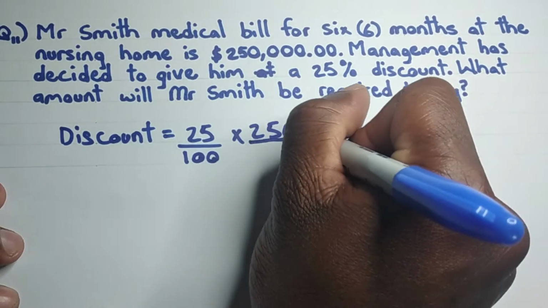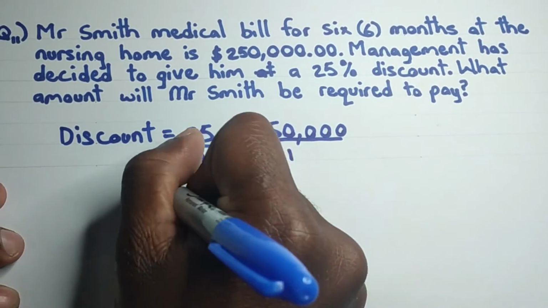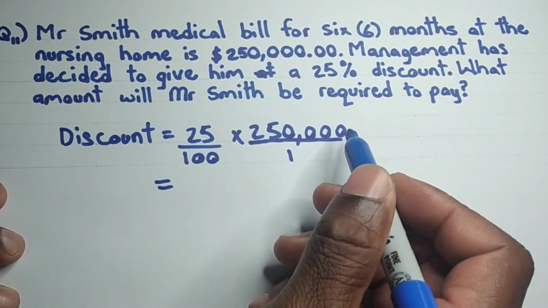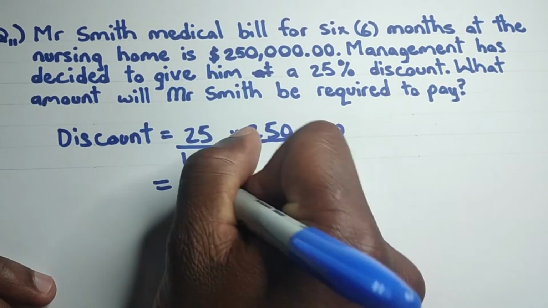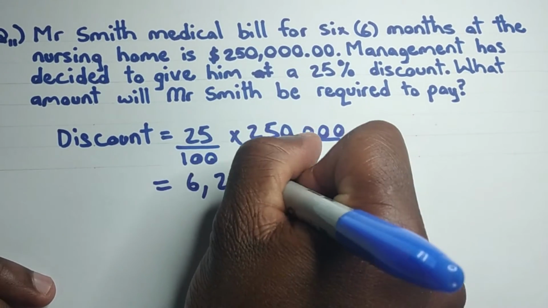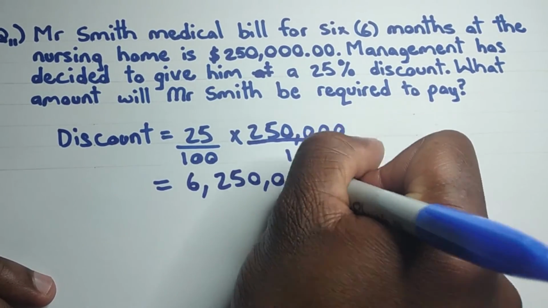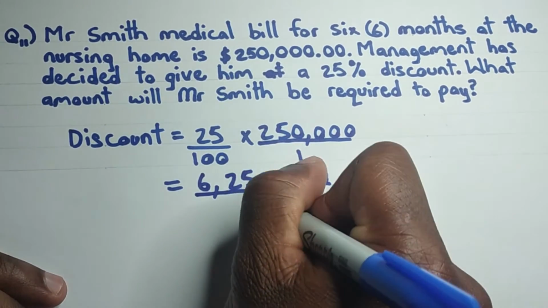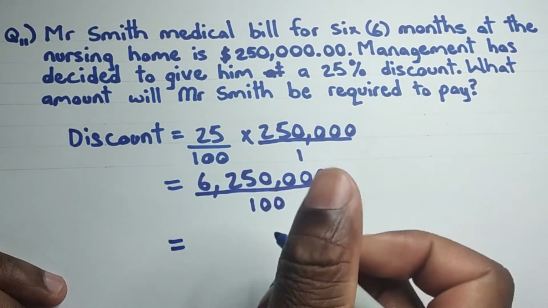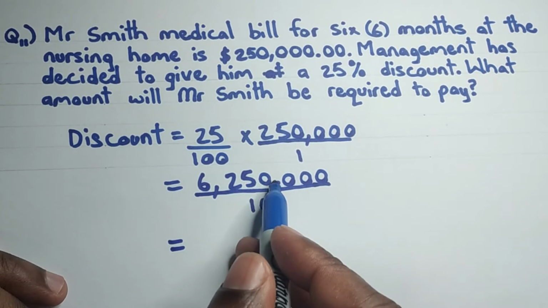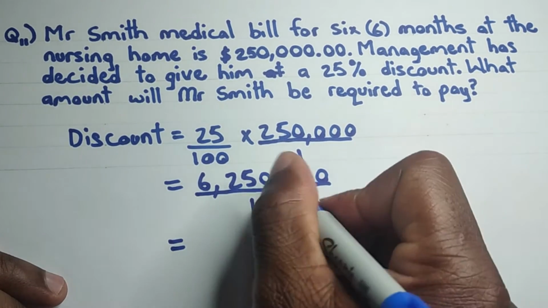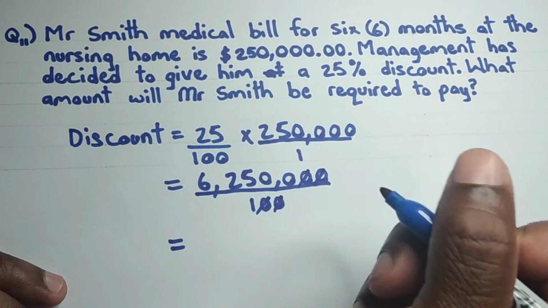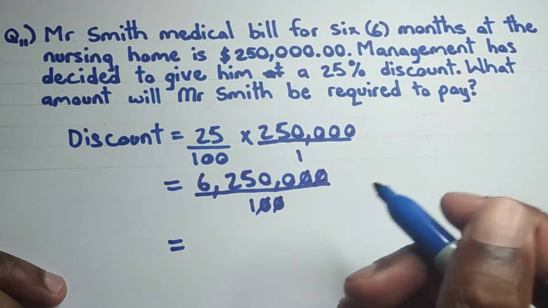Now we can put this over 1 and multiply across. What is 25 times 250,000? That will give me 6,250,000 over 100 times 1, that's 100. Now if I divide 6,250,000 by 100, you can look at this from the perspective that the zeros cancel each other out, or you could use your calculator to do this part.